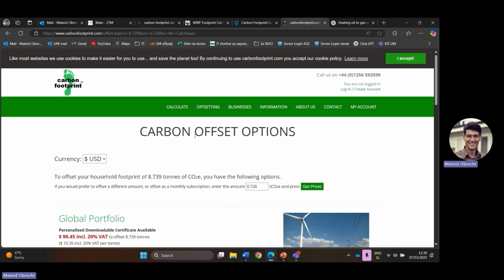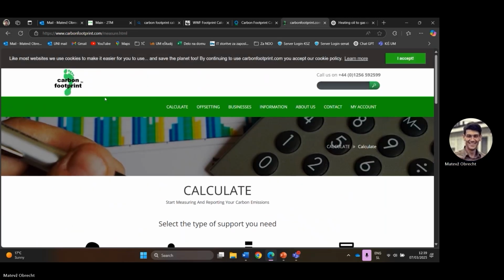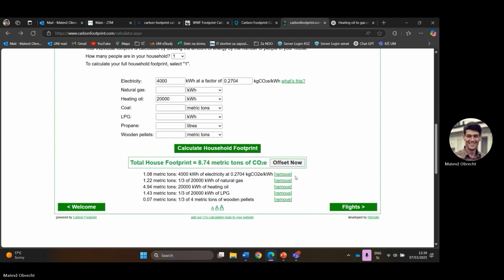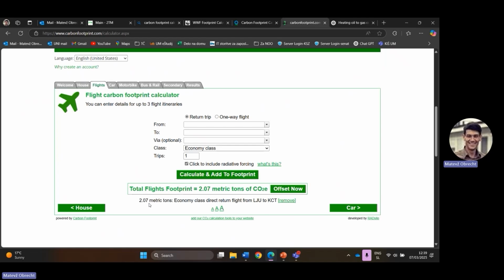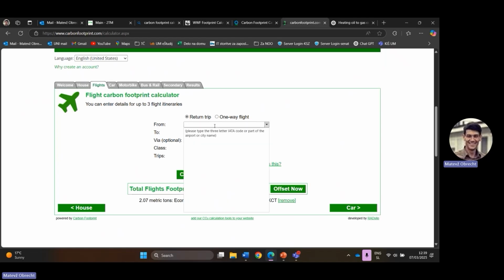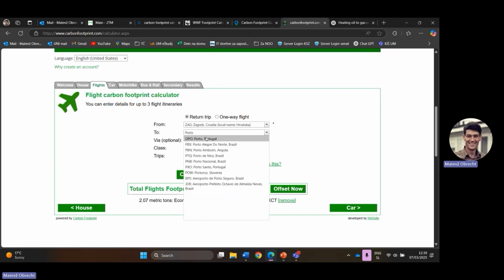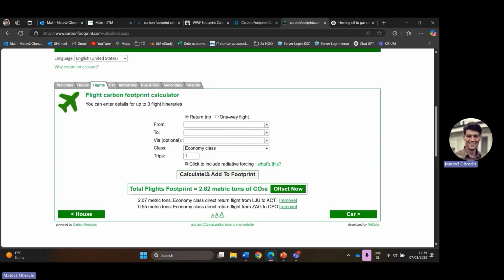Offset, oops. Okay, so bigger impact just because of one flight. My second flight was from Zagreb, and we went to Portugal. So let's do it like this, so we can see what it is with the flights within Europe. So much less, but once again, a big amount of CO2.